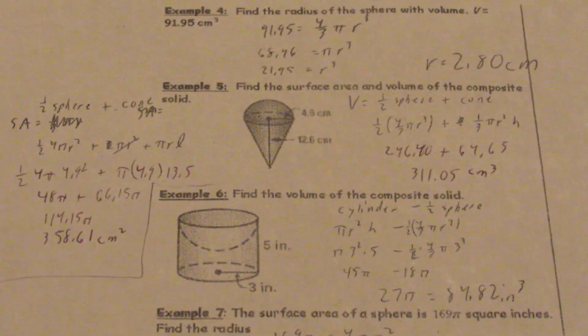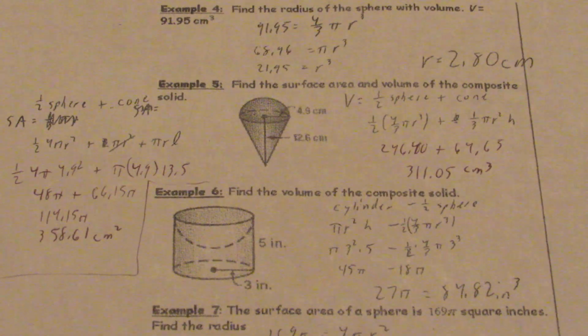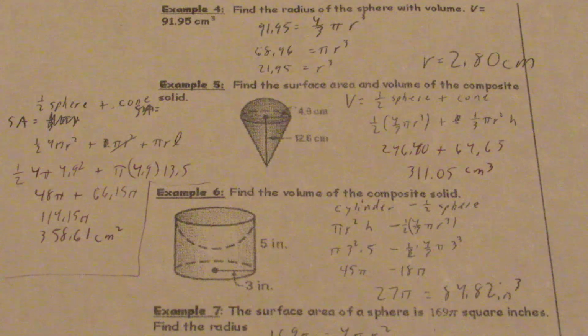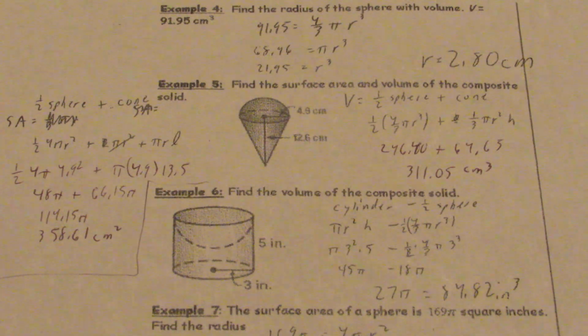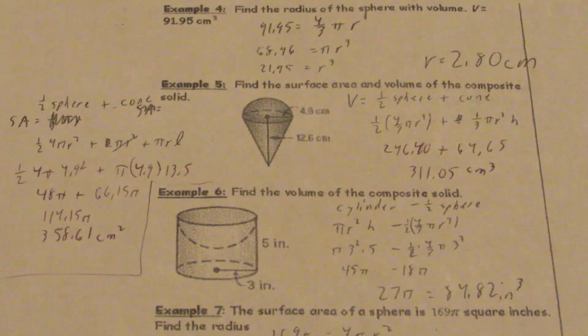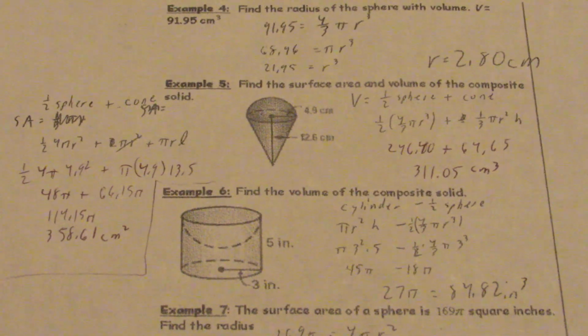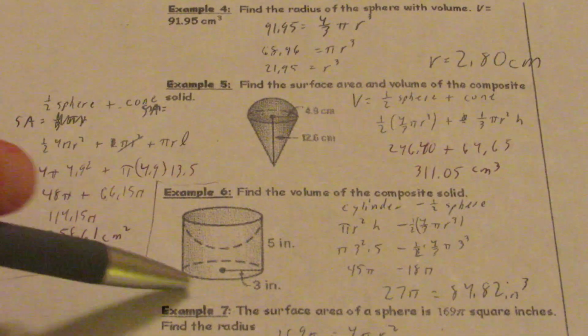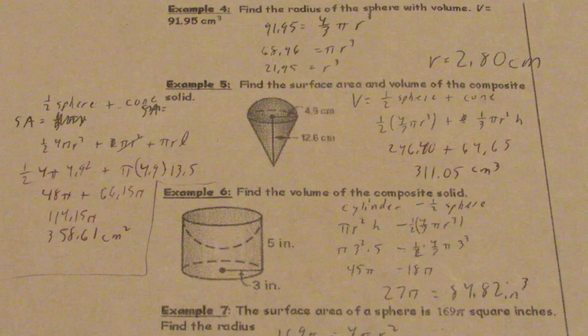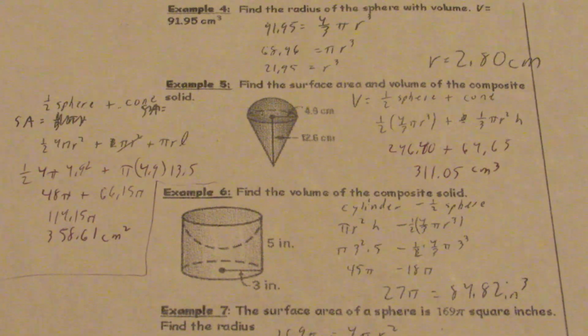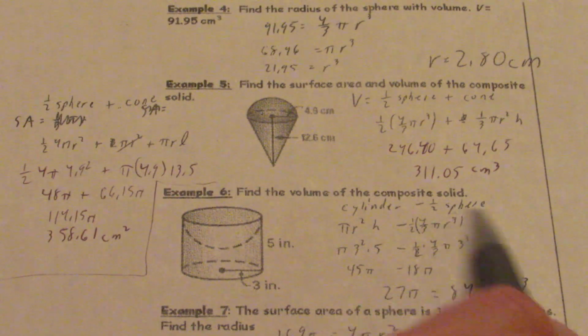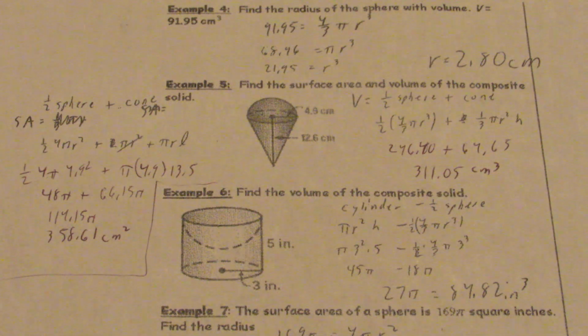Example 6 asks us to find the volume of the composite solid. So one, I'm only doing one thing here. Two, it's a little bit more straightforward. So I have a cylinder, which is pi r squared h, and I'm subtracting half the sphere. So 1/2 4/3 pi r cubed. Okay.